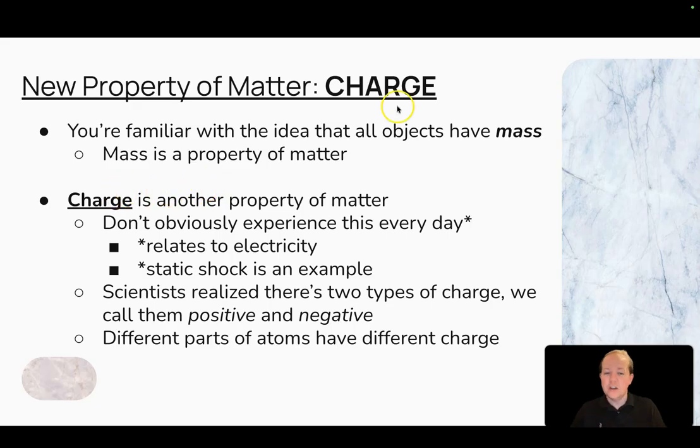Well, charge, it's not quite as explicit, meaning it's not quite as obvious to us as mass is, but charge is also something very fundamental to our universe. It's a property of matter, but it's one that we don't experience every day, at least not obviously. Now, charge is related to electricity, so anytime you're using an electronic device, including maybe the Chromebook that you're watching this video on, that does involve charge.